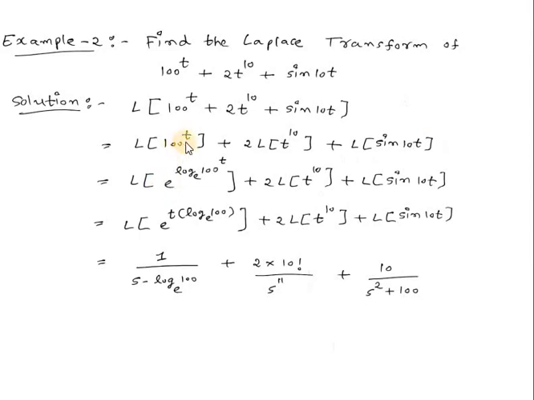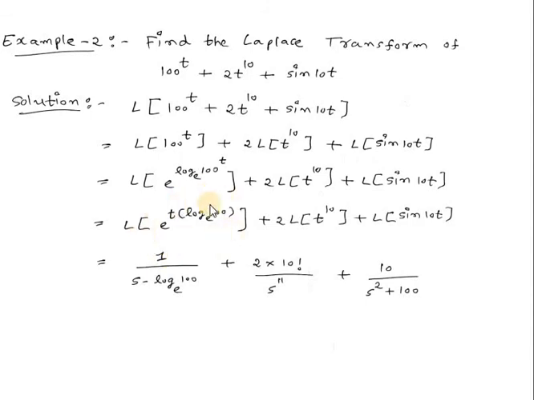Now 100 raised to t can be written as e raised to log 100 raised to t. So this can be written as Laplace of e raised to t into log 100 base e plus 2 into Laplace of t raised to 10 plus Laplace of sin 10t.